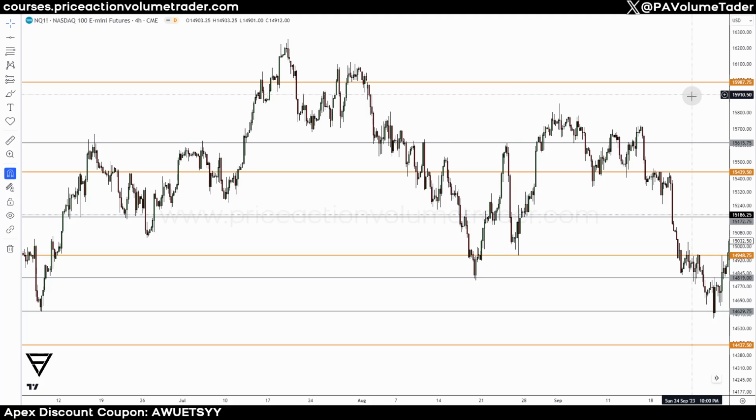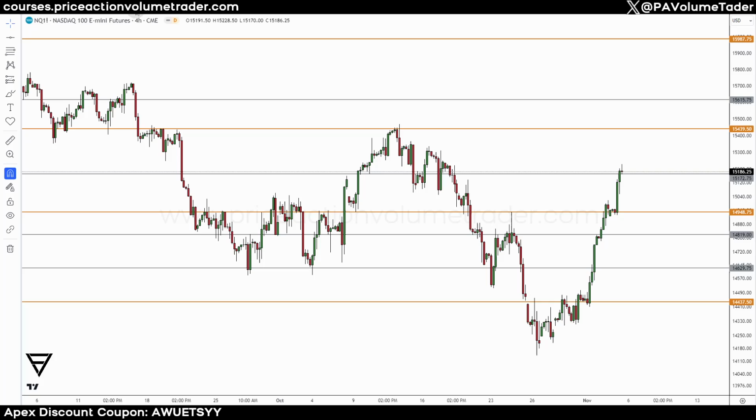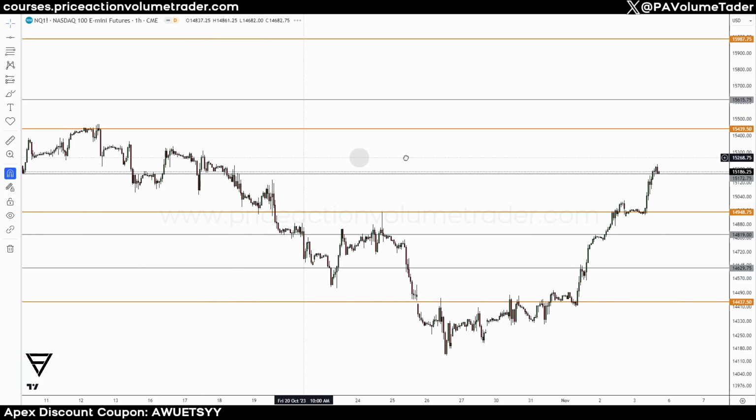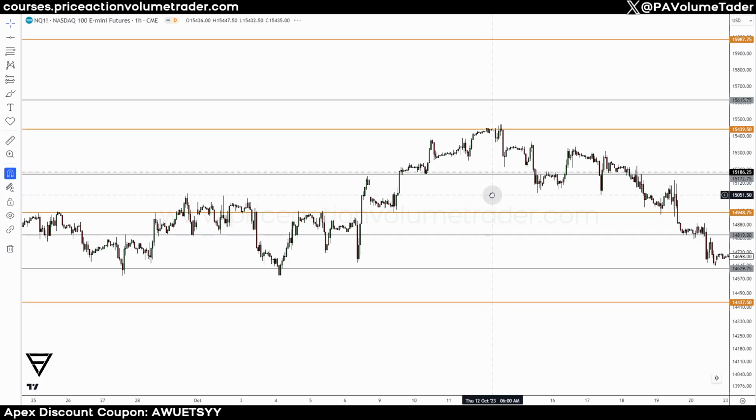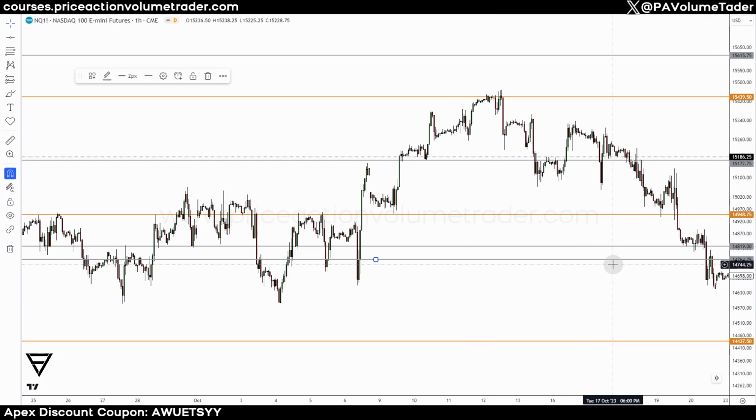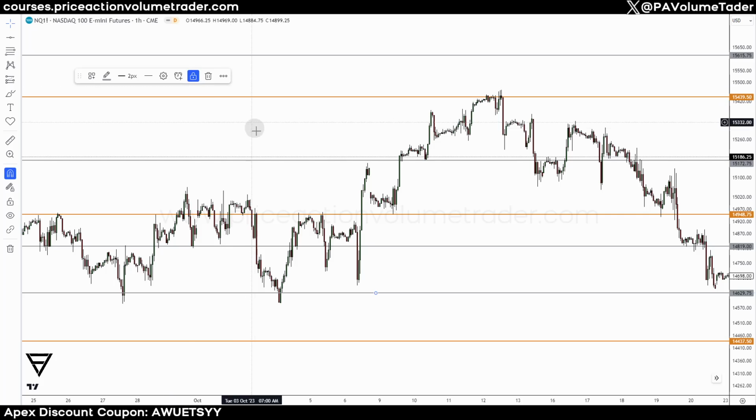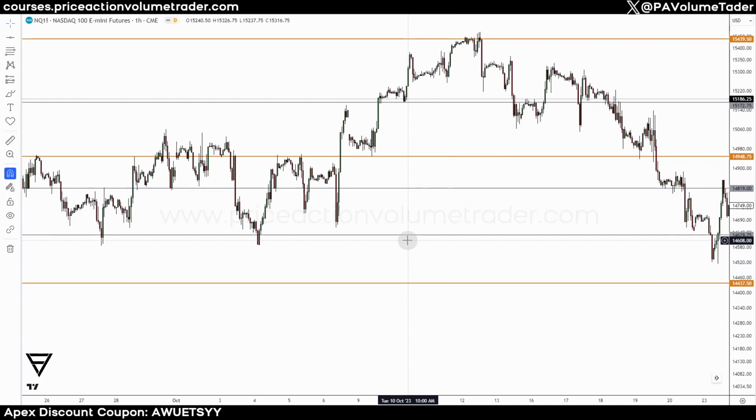Okay, and now if we go into a 1 hour time frame, we can even refine these levels further. Oh, I accidentally moved that, so I'm just going to undo and lock it. I'm going to click on all the levels and lock them so I don't accidentally move them.